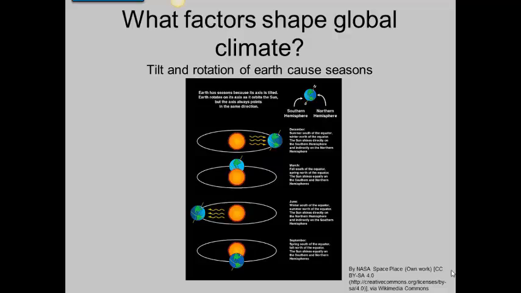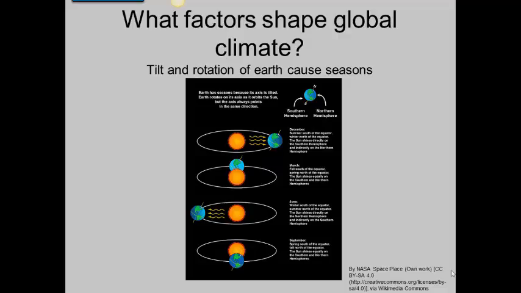As you can see from this diagram, there are two factors that are really important in determining the seasons on our planet. One of them is the tilt of the Earth, and the other is the rotation of the Earth around the sun.